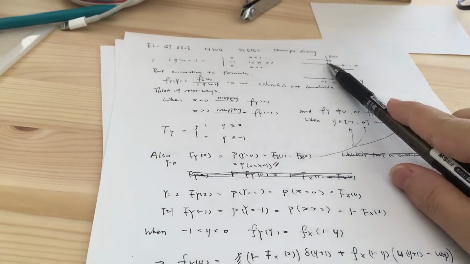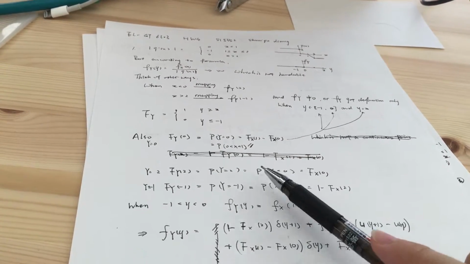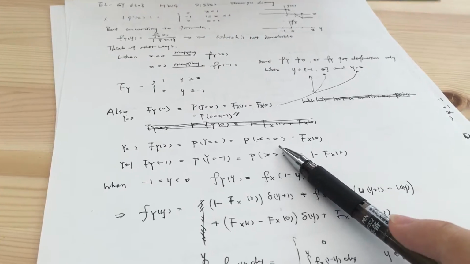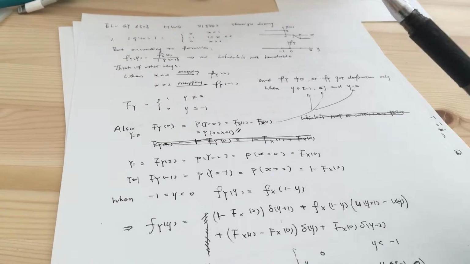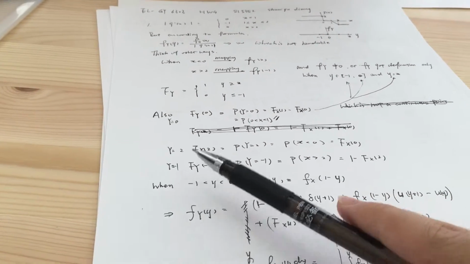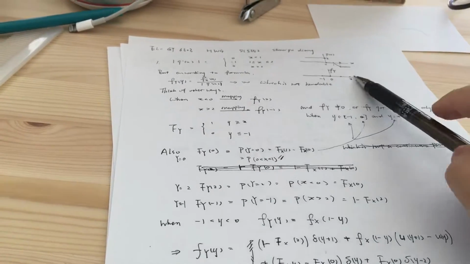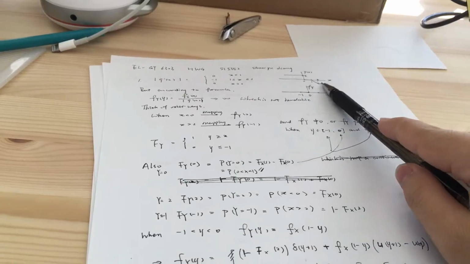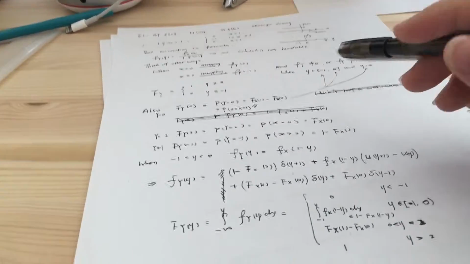Y equals 2 means x is less than 0, so this probability is the same as the probability of x less than 0, which is capital F_X(0). And the same for y equals minus 1, which is x in the interval from 2 to plus infinity.